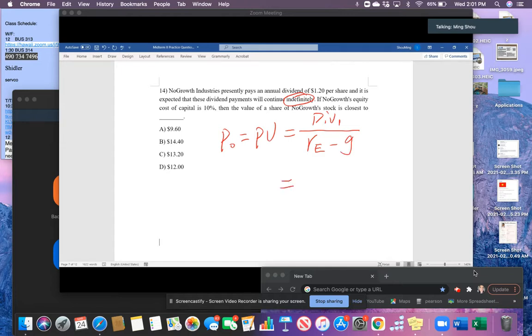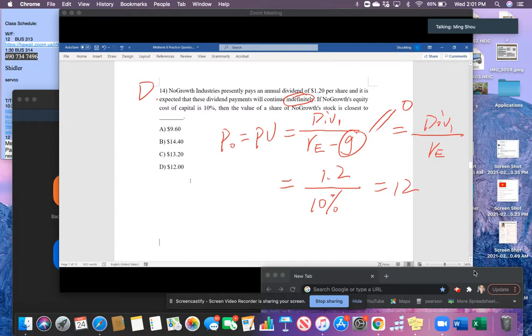So the dividend would equal 1.2, and our discount rate equals 10%. For this question, there's no growth rate, or the growth rate equals 0. So we can simply end here. It will equal $12. So this g actually equals 0. We can also put it this way: dividend divided by the discount rate, equal to $12. So the correct answer is D.